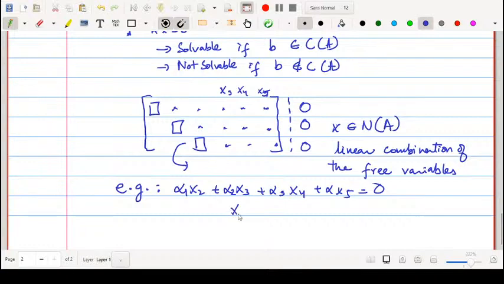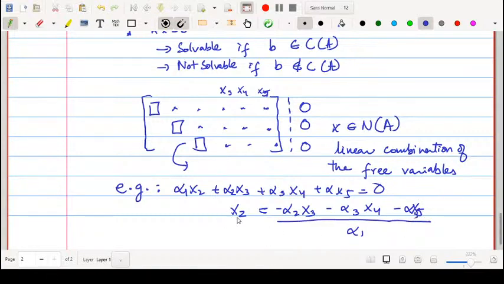Now you can solve for x2. You can write x2 in terms of x3, x4, and x5 by subtracting and dividing by alpha 1.